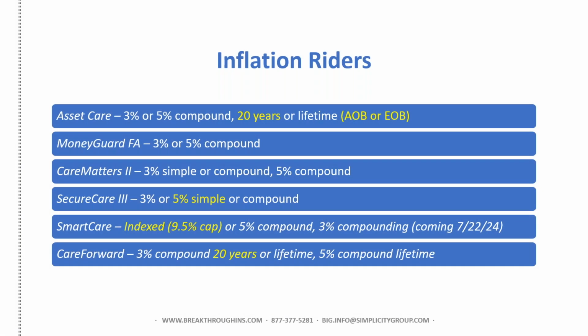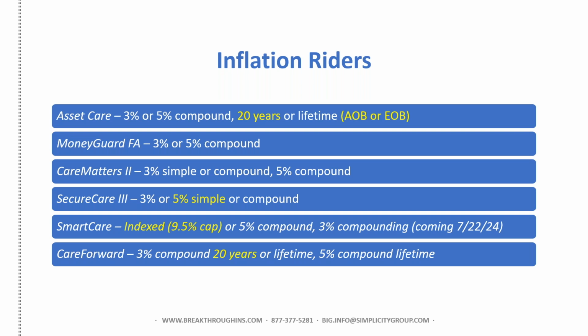Inflation riders. So lots of different inflation riders here available. Asset care, 3 or 5% compound. Now you can do that over 20 years or lifetime. So 20 years, say you have a 55-year-old and they buy the 20-year inflation, at age 75 the inflation is going to stop.